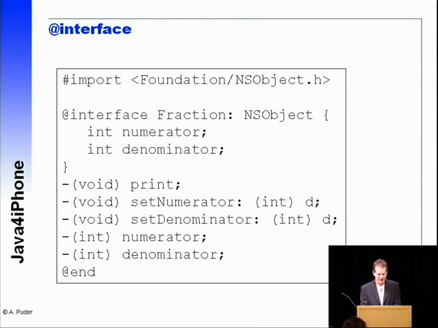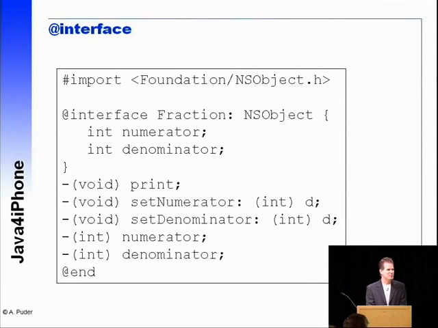You can see there's an interface called Fraction, and it inherits from a base class called NSObject. Now, you can already tell by this prefix, NS stands for NeXTSTEP. So even though we're now talking about modern iPhone applications, the base class library still has these classes that came from the original NeXT Computer company.